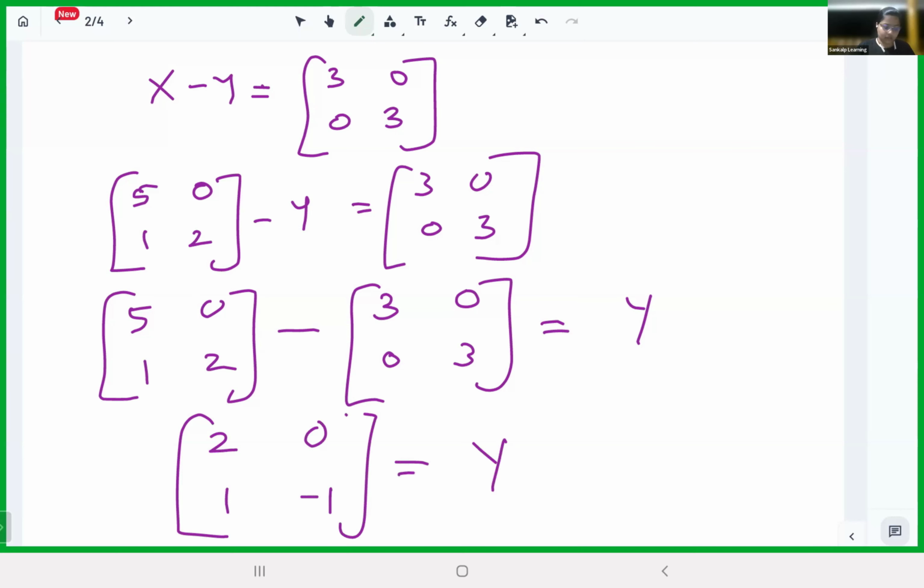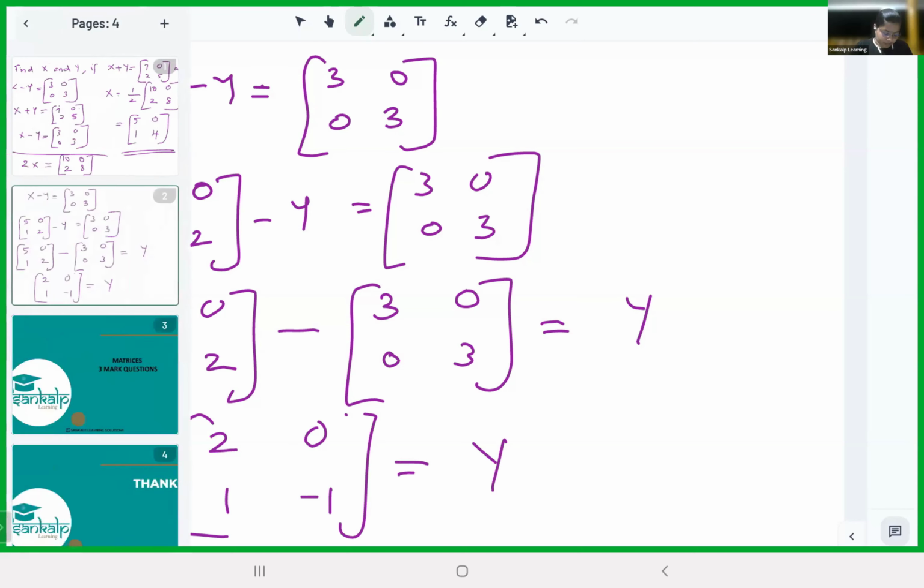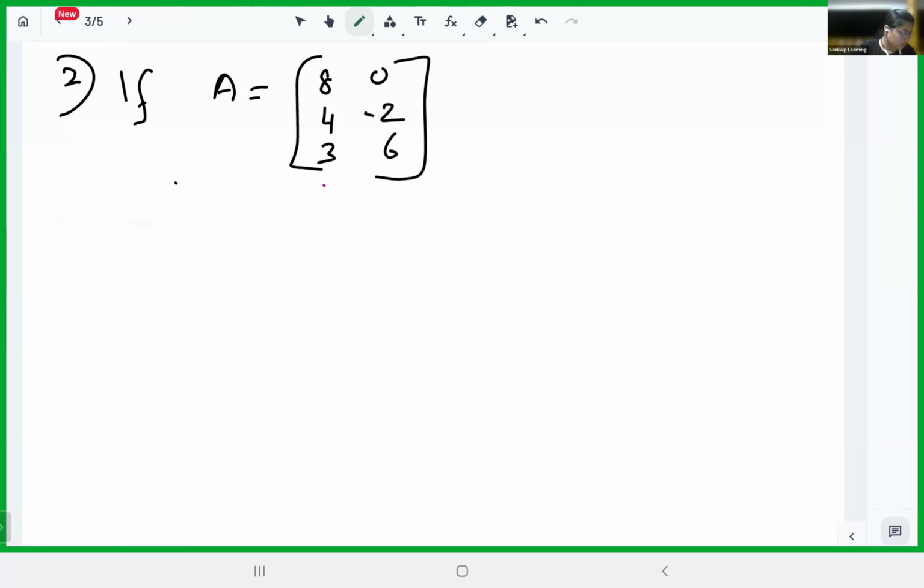Now we are moving on to the second question. So the second question is: matrix A is equal to 8, 0, 4, minus 2, 3, 6.